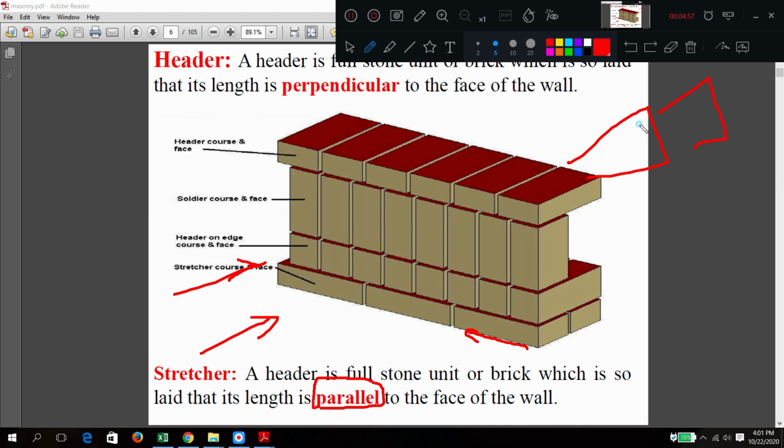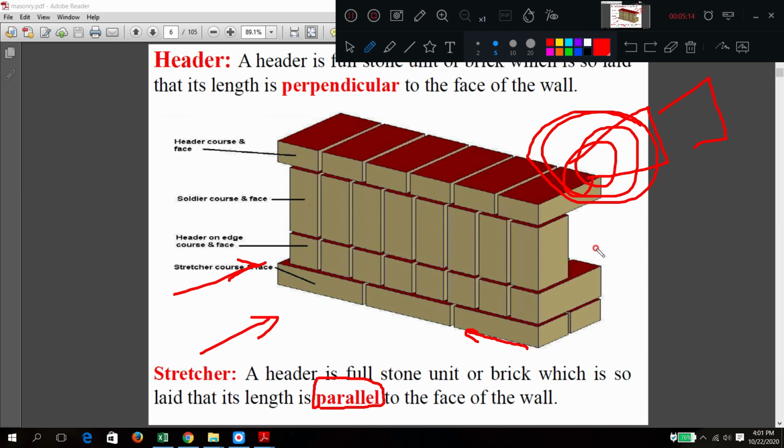Whatever materials are used in the center portion are called hearting materials. Here the materials are facing materials, that side backing materials.